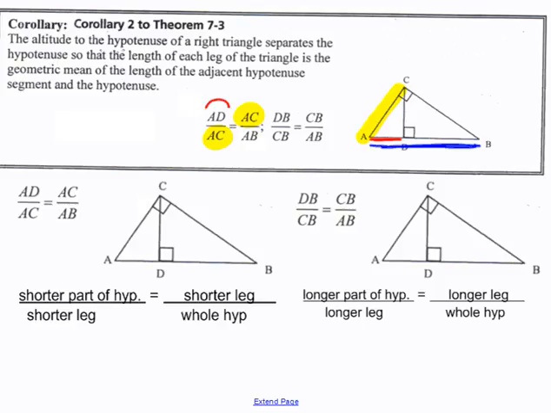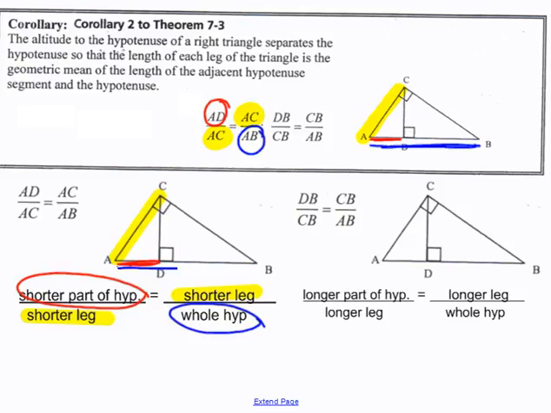So the short part of the hypotenuse and the whole hypotenuse. And actually, I'm going to do it down below here. So the short leg, this is the short leg. And this is the short part of the hypotenuse. And this is the whole hypotenuse.